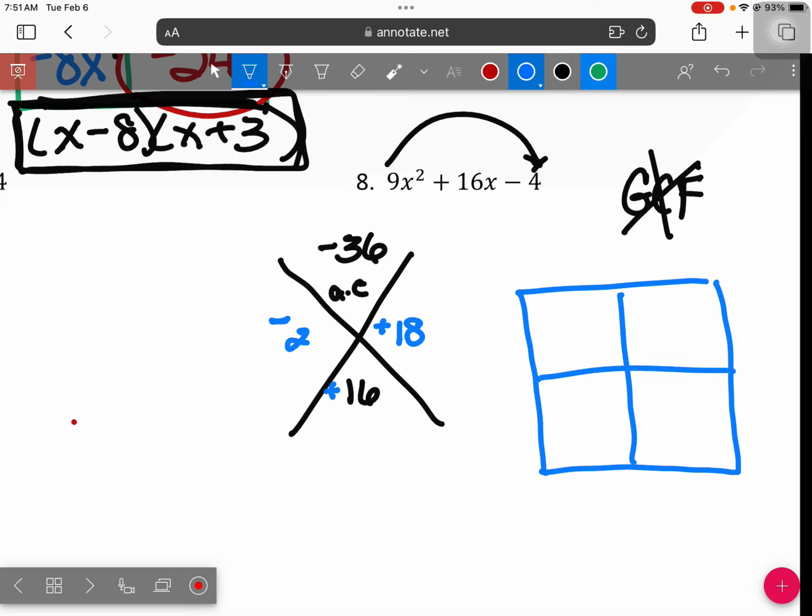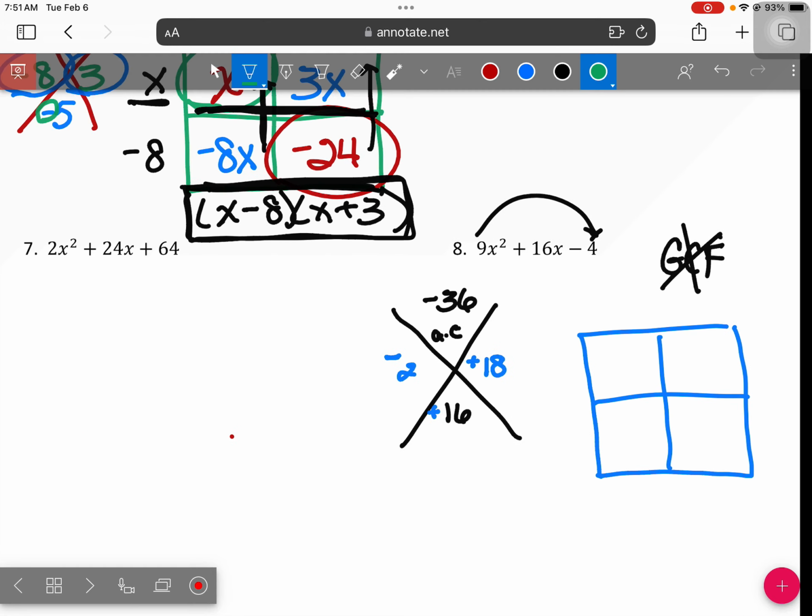Yeah, okay, good. All right, so here is my original trinomial. What goes in that first box? Joelle, this first box in the upper left-hand corner. I don't think that's correct.